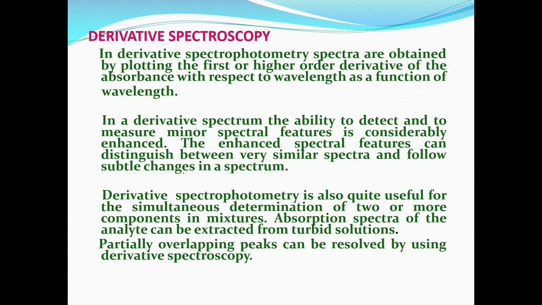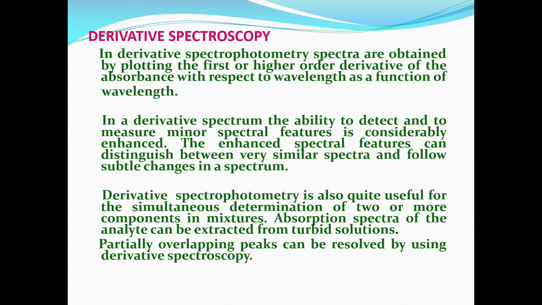In a derivative spectrum, the ability to detect and measure minor spectral features is considerably enhanced. See, the enhanced spectral features can distinguish between very similar spectra and follow subtle changes in a spectrum. It is also useful for the simultaneous determination of two or more components if the lambda max are very near.